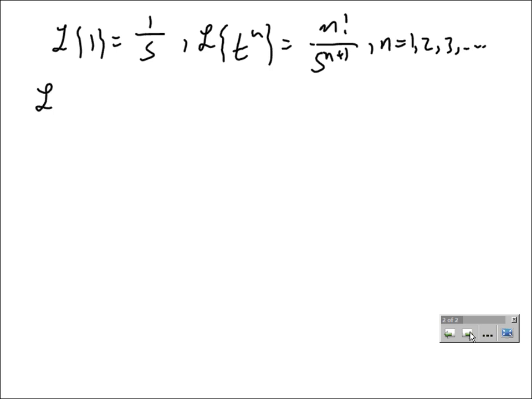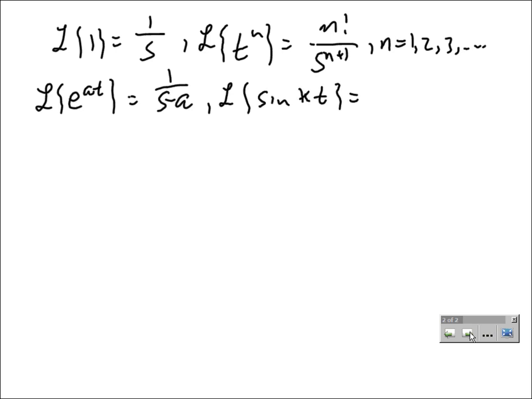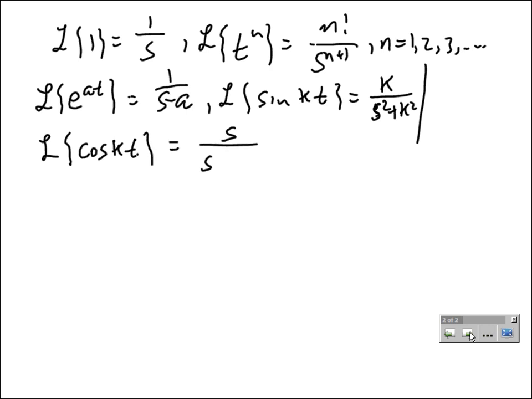We know that L of e to the at is 1 over s minus a. We know that L of the sine of kt is k over s squared plus k squared. We know that the Laplace transformation of cosine of kt is s over s squared plus k squared.